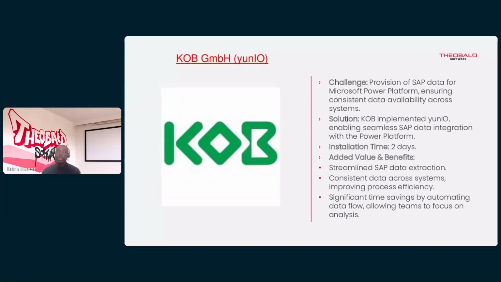For our yunIO tool, we worked with Cobb, and they needed to specifically ensure consistent SAP data availability across all of their systems for their Microsoft Power platform. They implemented yunIO, enabling this seamless integration within only 2 days.